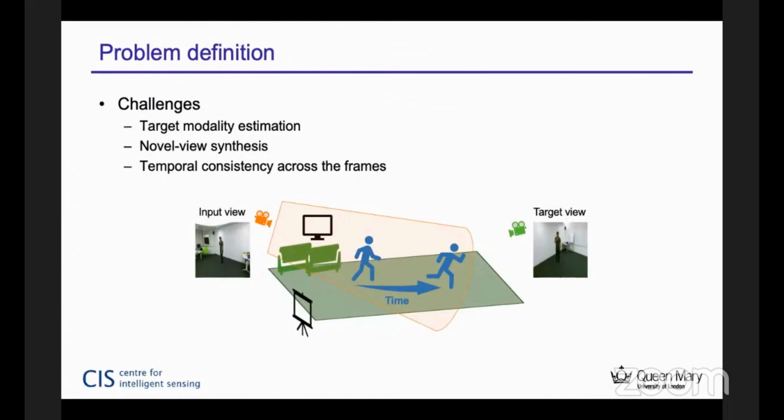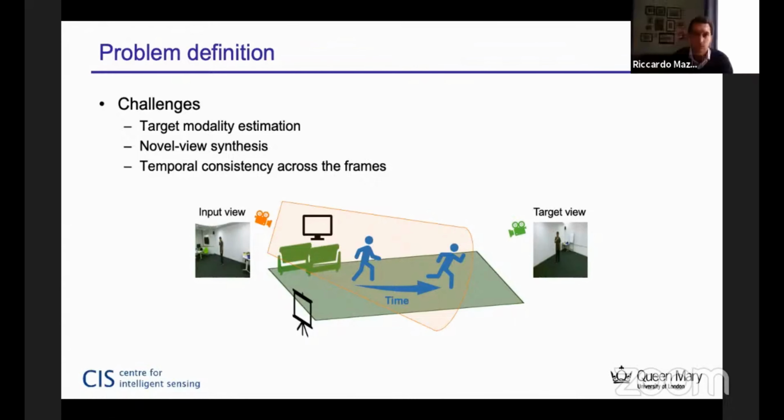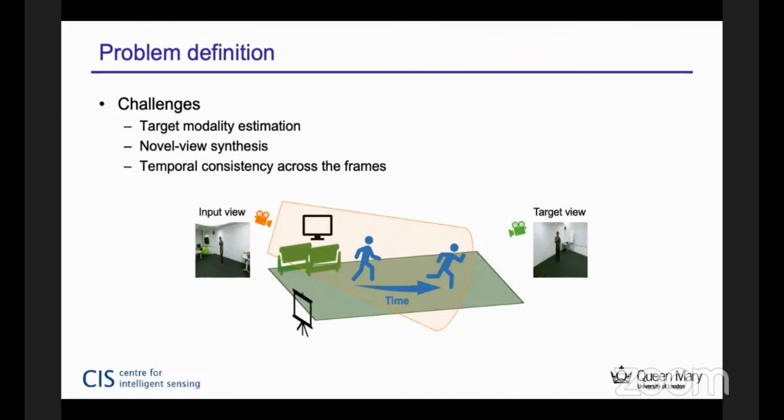So we start off by defining the problem. We have a video of a person performing an action from a certain viewpoint, and the goal is to synthesize the same video as seen from another viewpoint. In order to do that, we need some priors or modalities to synthesize the target view.